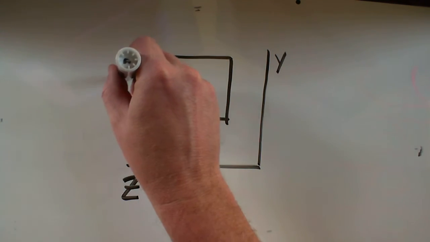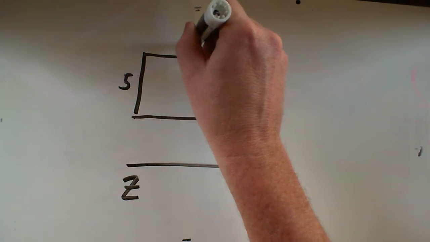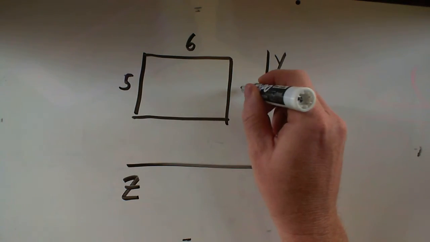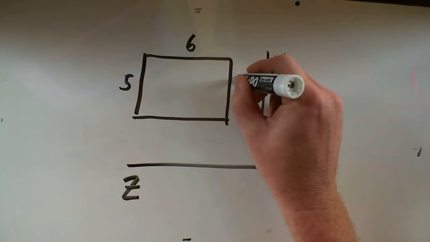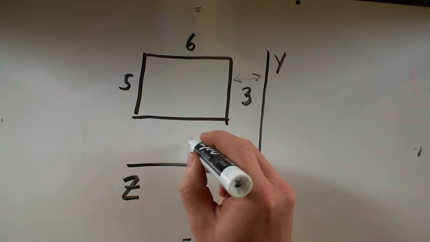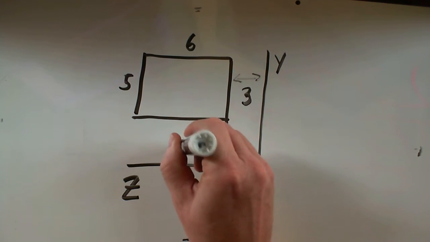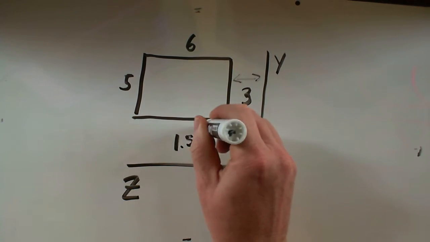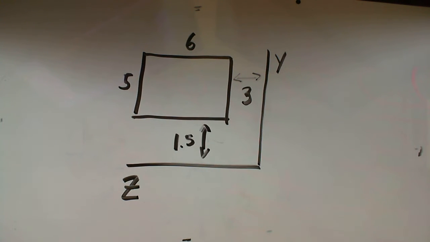So here I have a 5 by 6 rectangle that is 3 away from my y-axis, and it is 1.5 away from the z-axis. You will notice on the problem that the actual I sub c value is given. I am still going to calculate it here so that we can understand the problem in its entirety.